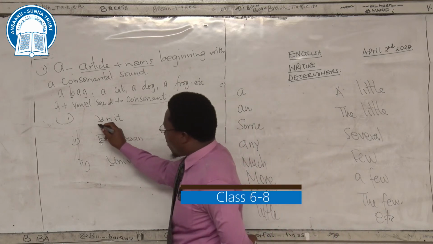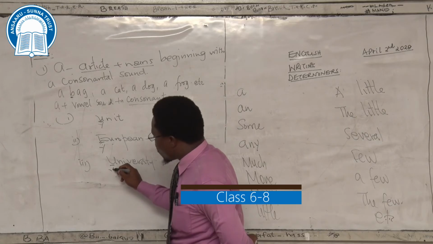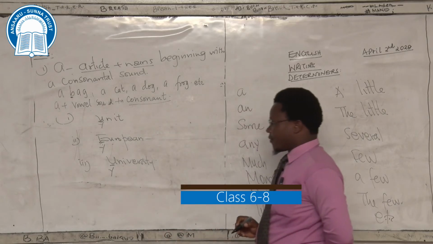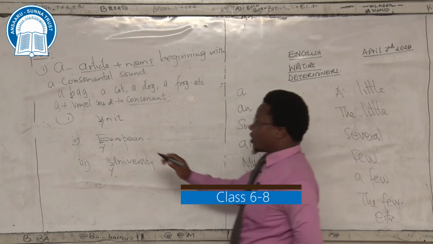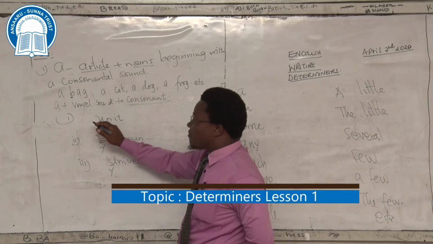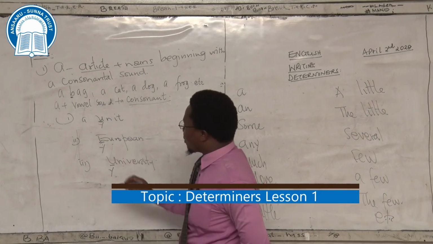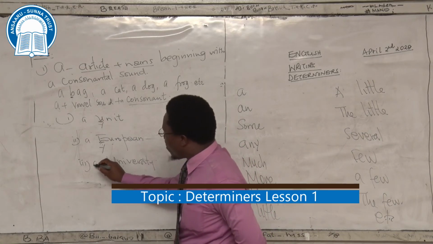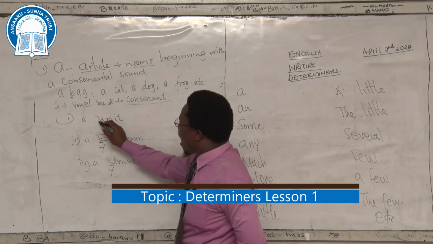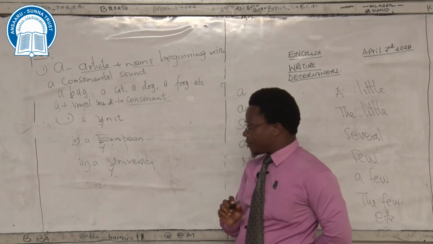However, these vowel sounds are pronounced as the consonant Y. Therefore, instead of them taking the an article because they are vowel sounds, they take the a article. That's why we are able to call the first one a unit, not an unit.